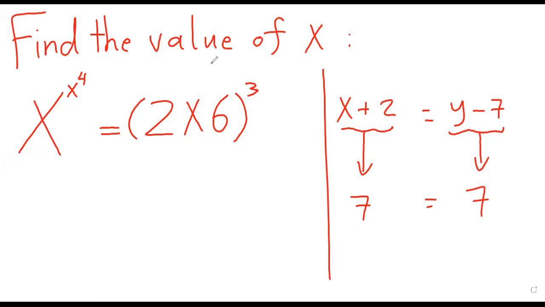So if I put the left side 7, if I raised it to the power of 3, then I must raise the right side to the power of 3. Why? Because I have an equal sign between them. I think it's very easy. Let's go again to our question. We need to remove this.